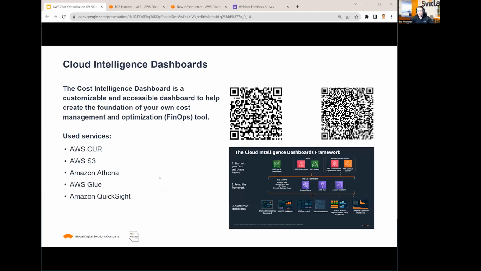One of the solutions provided by AWS is called Cloud Intelligence Dashboards. It uses the Cost and Usage Report, but it also includes S3, Athena, Glue, and QuickSight services, which allow you to create nice, good-looking, very powerful dashboards, even out of the box, creating a foundation for our own cost management and optimization tool.